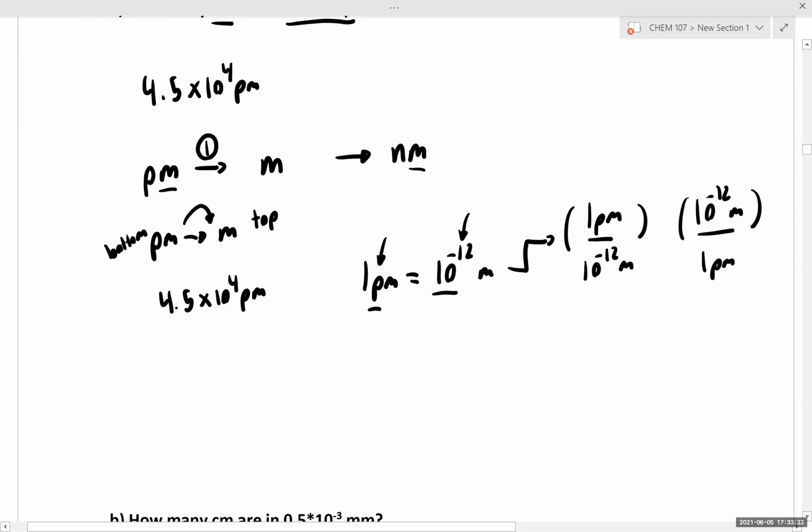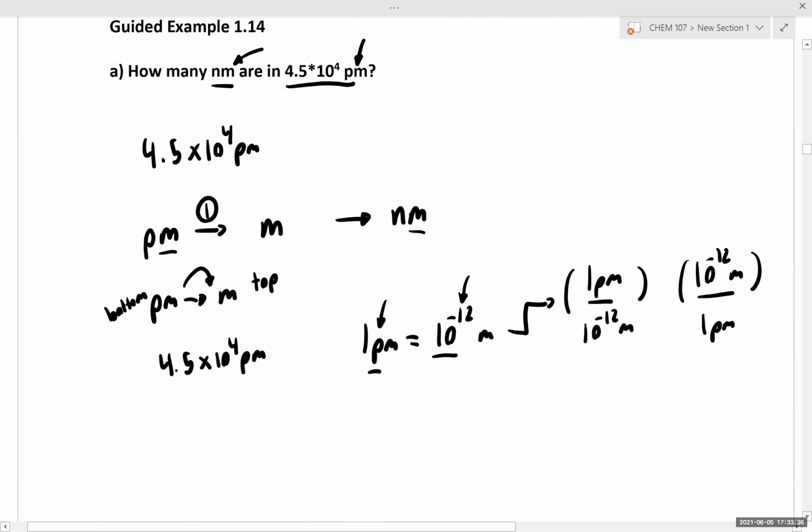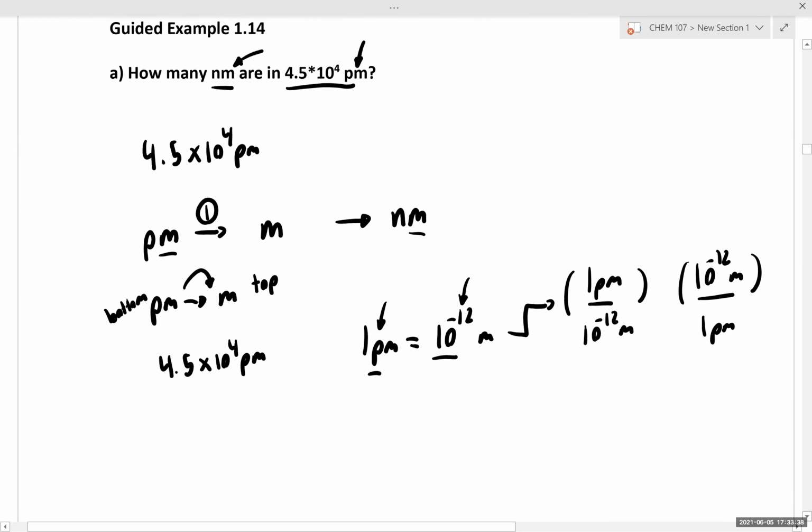So looking at our unit conversion map, if we wanted to go from picometer to meter, we'd want meters on top. So we'd have 4.5 times 10 to the 4th picometer. And then in our unit conversion factor, we choose the conversion factor with meters on top.